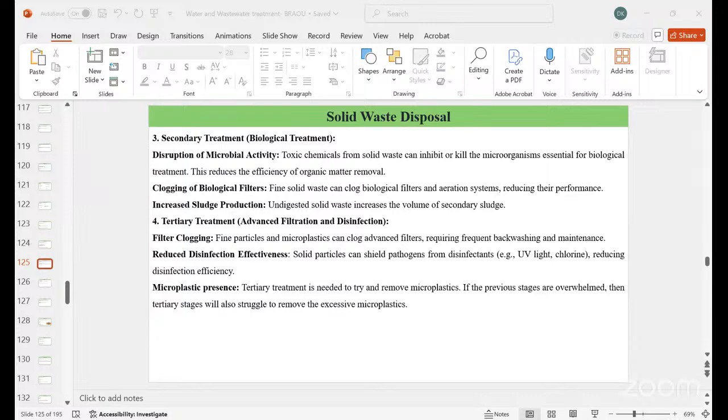The first one is the fluidized bed incineration process, where a bed of inert materials, preferably sand, is suspended by air or gas flow. The waste is fed into the system, where it is combusted at temperatures between 750 to 950 degrees centigrade.